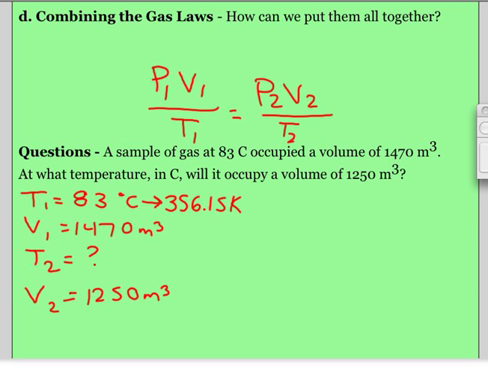So if you look at the combined gas law equation up there, we only need the V's and the T's. So I'm just going to get rid of the P's, and we're going to use V1 over T1 equals V2 over T2.